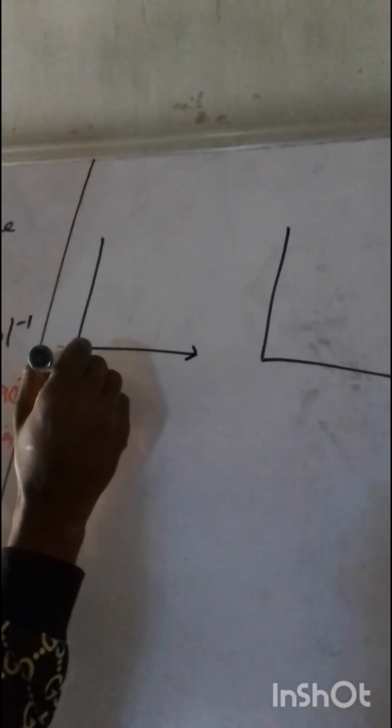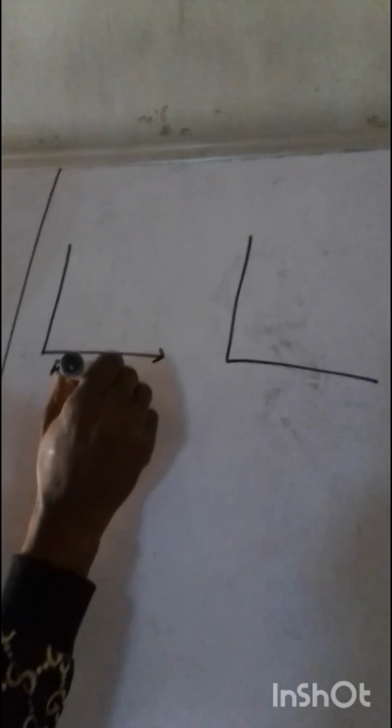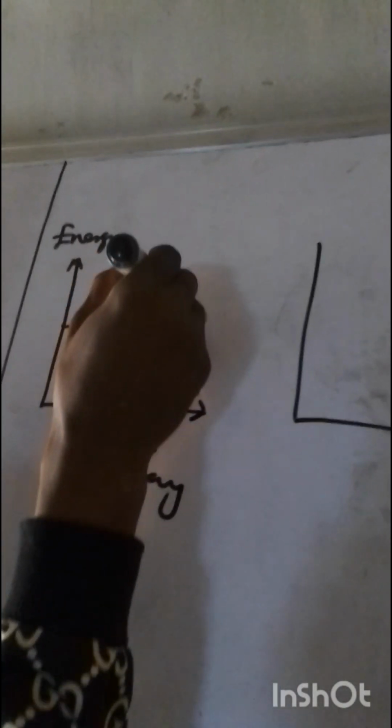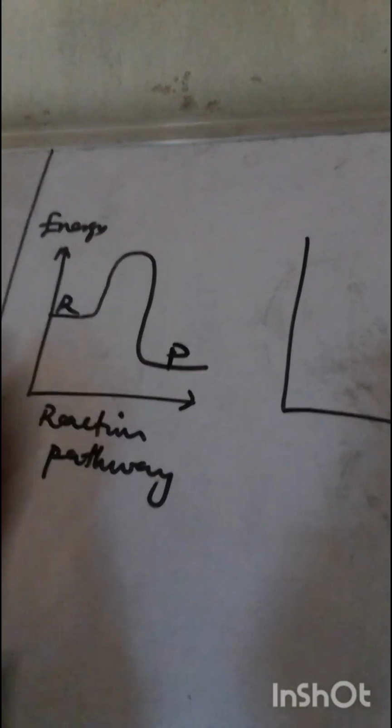Two types. Here, this axis is reaction pathway, and this axis is the energy axis. Now, this profile diagram shows what happens from reactant to product. So this is where reactant is, this is where product is, and this is an activated complex.